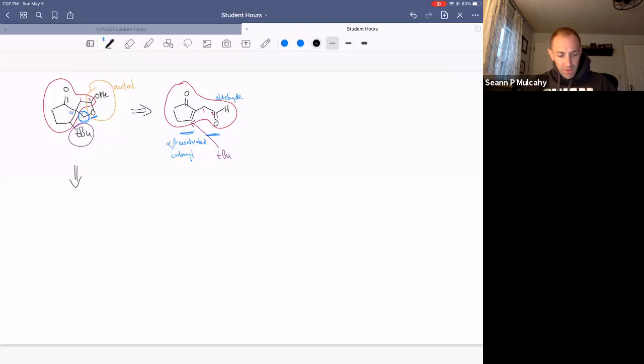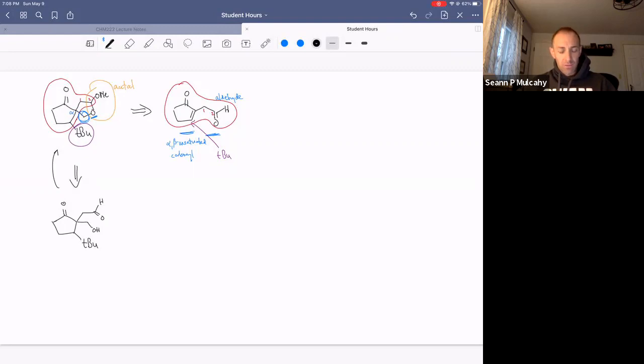If we were to hydrolyze that acetal, we would come up with a molecule that looks like this. We've got a tert-butyl group here. The acetal hydrolysis would give that aldehyde and that alcohol.